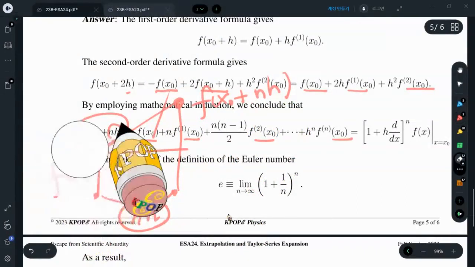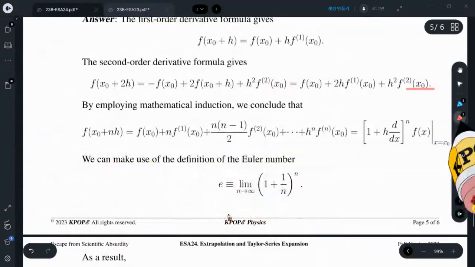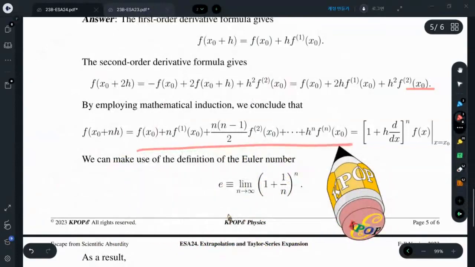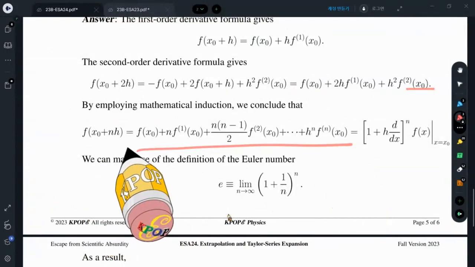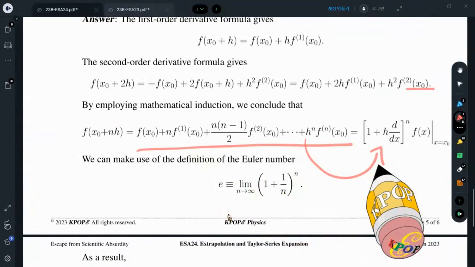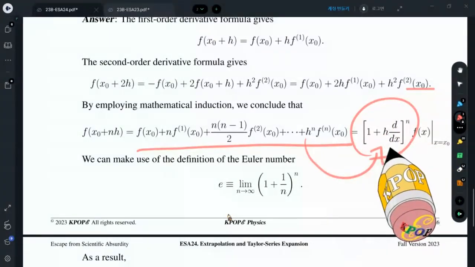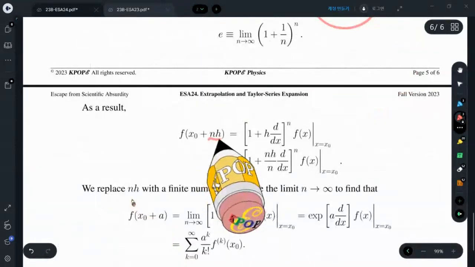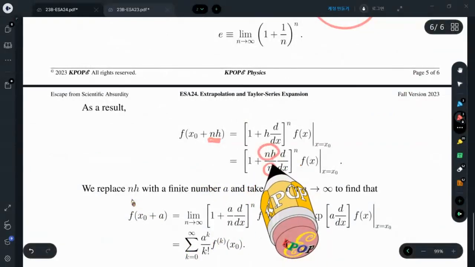The result is remarkably simple, this one, and you can follow the calculation with ease. And what's that? This is according to the binomial expansion. It is nothing but this. And what if I take the limit as n goes to infinity? This nh can be expressed as nh divided by n.